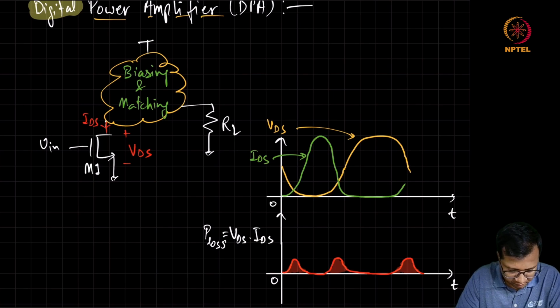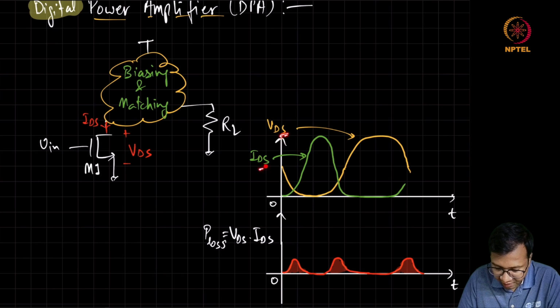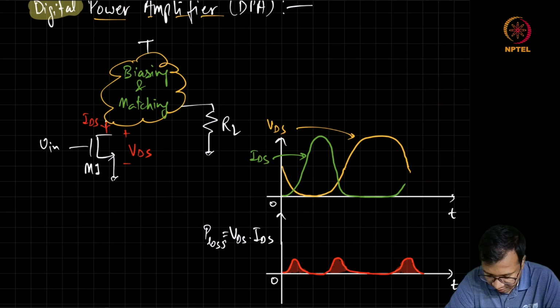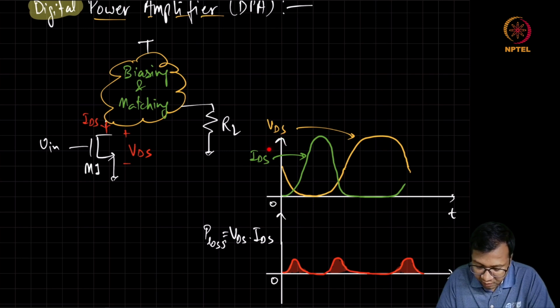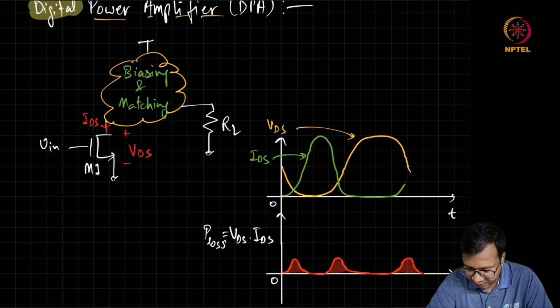Looking at this waveform of VDS and IDS, we can easily figure out that if we can ensure only one of them is non-zero at all times, then the product will always be zero. And in such a scenario, we can minimize the loss which is happening in the transistor.